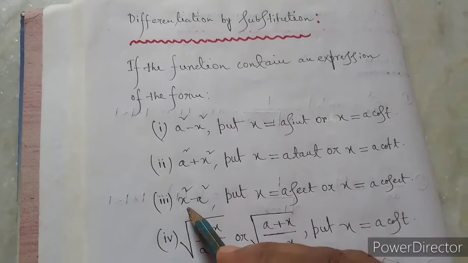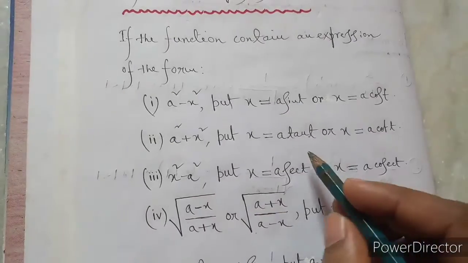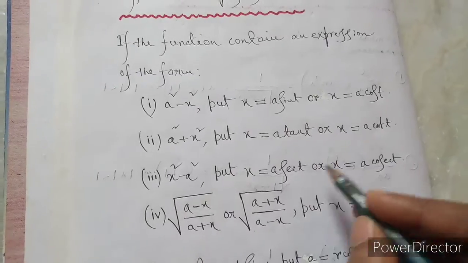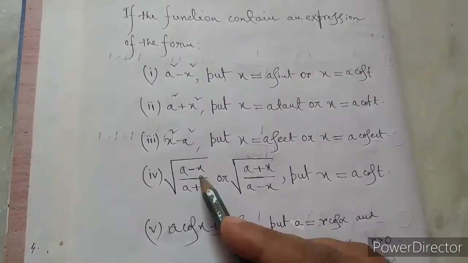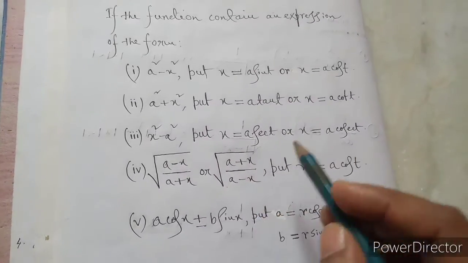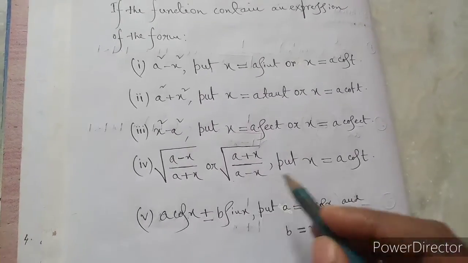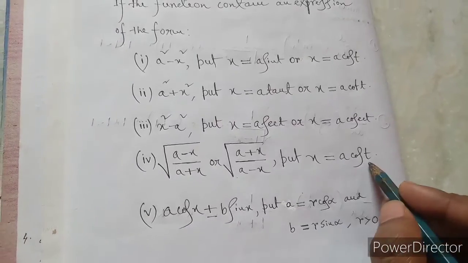Number 3, x square minus a square, then we put x equal to a sec t or x equal to a cosec t. Number 4, root under (a minus x) by (a plus x) or root under (a plus x) by (a minus x), then we put x equal to a cos t.